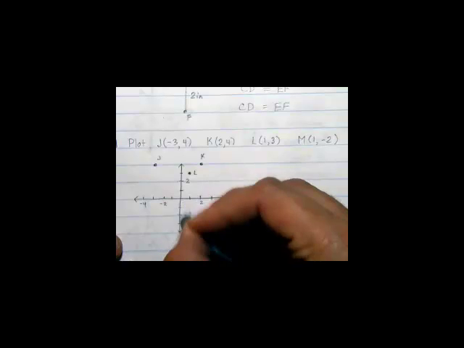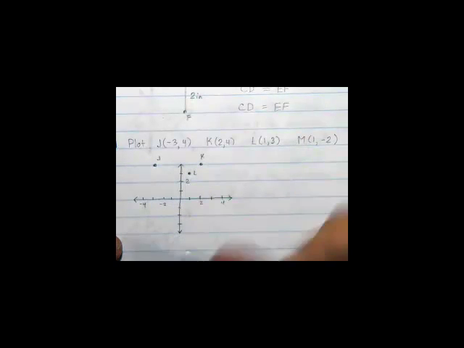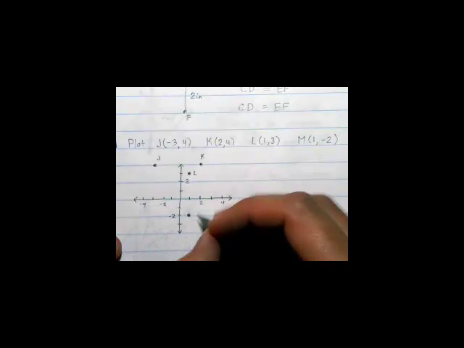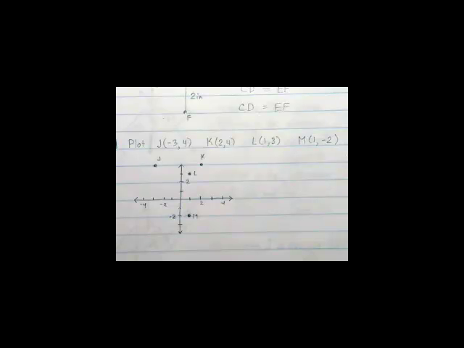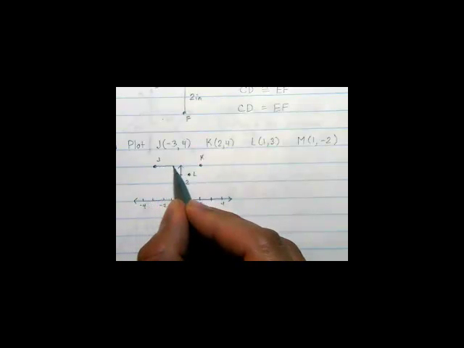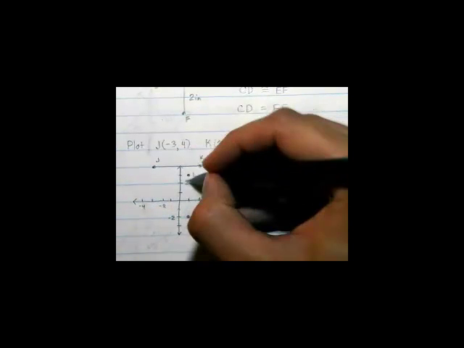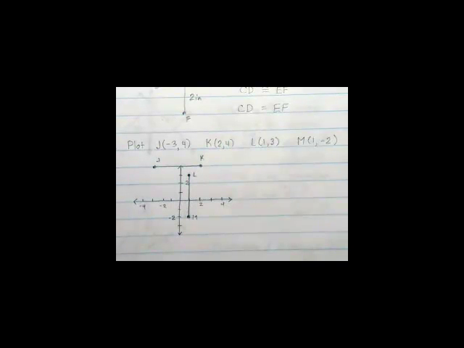So that's going to kind of get in the way there. So right down there, that's M. Okay, so there are 4 points. And so we're going to try and figure out if JK and LM are congruent.